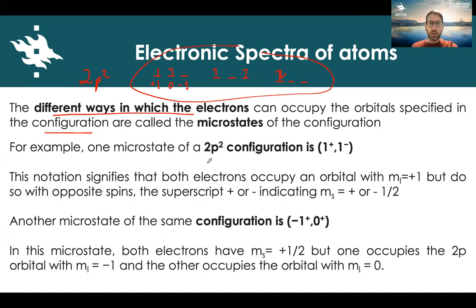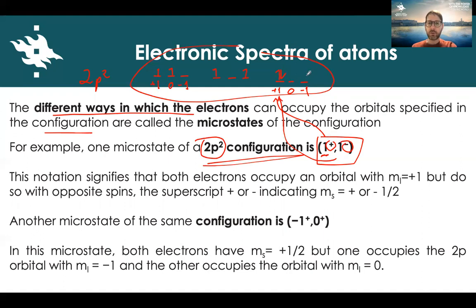So for example, one microstate for the 2p2 configuration is this. Here we have the value of ML, and here we have the sign of the spin. This microstate means that one electron has ML plus 1 and spin up, and the other electron is also in ML plus 1 and has a minus sign for the spin.